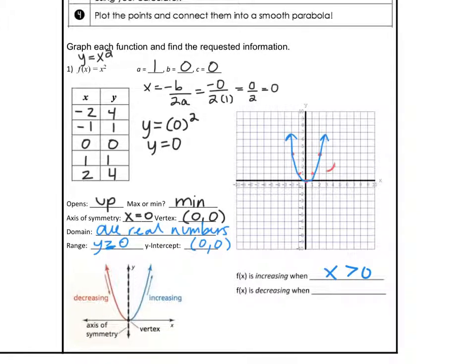Because over here it's going up. So it's increasing. It is decreasing on this side because it's from left to right. So we say it's decreasing when x is less than 0.